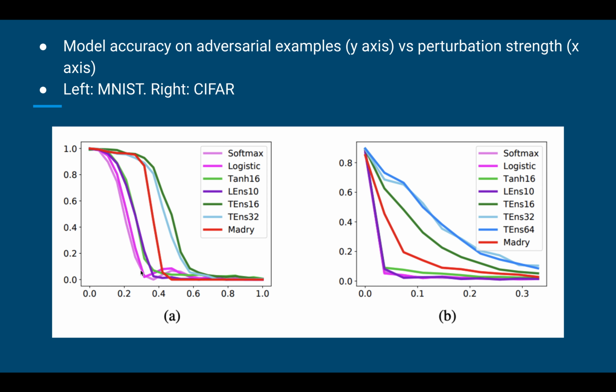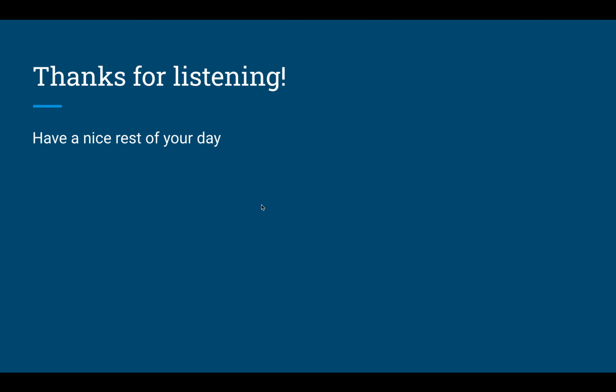When the perturbation strength is only 0.3, the softmax model has almost zero accuracy, whereas the 1016 model is still preserving over 90% accuracy on adversarial examples, which shows that using Hadamard encoding with sigmoid decoding does indeed improve robustness on adversarial examples.